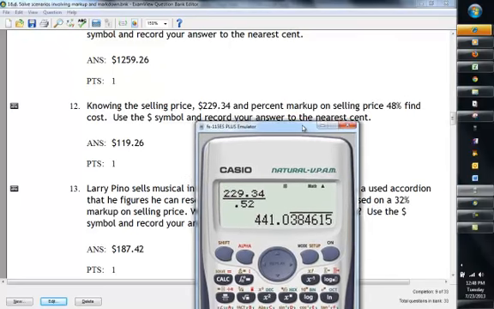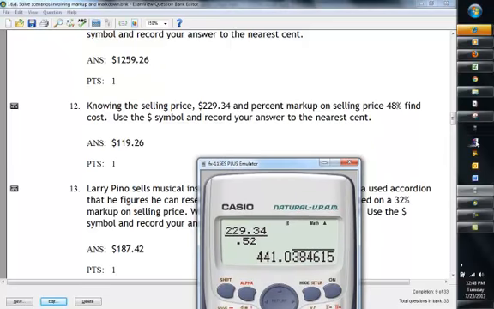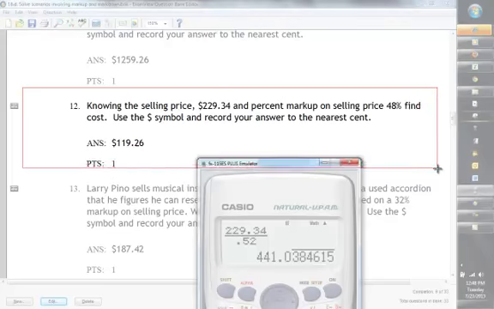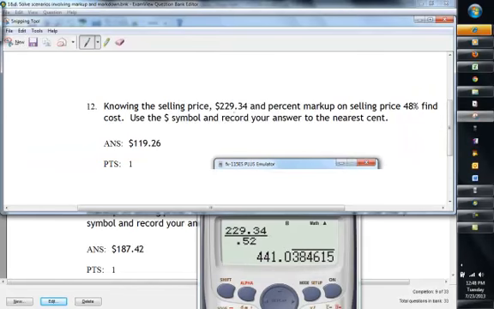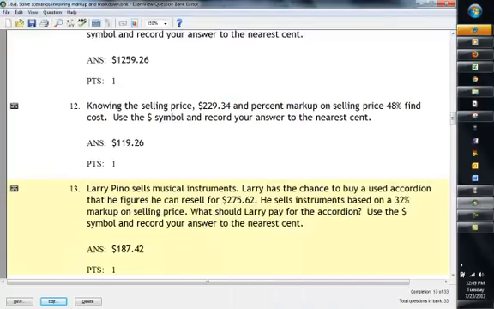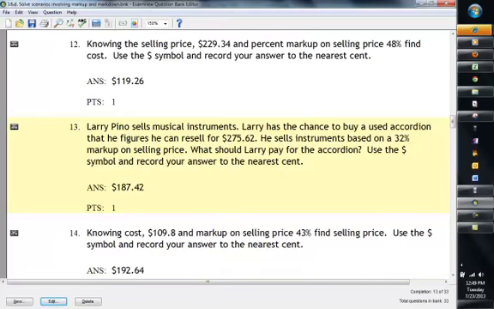Oh, I'm sorry, this is the selling price. I've got to do this one here. It says the selling price is this. So this is our base times 0.52. 229.34 times 0.52, and we get 119.26.